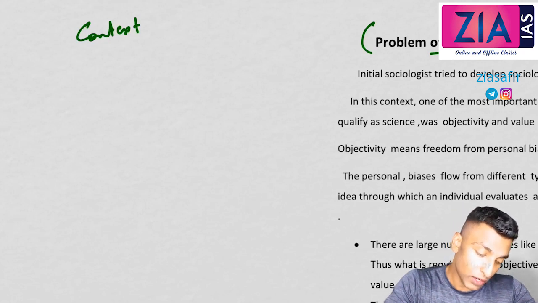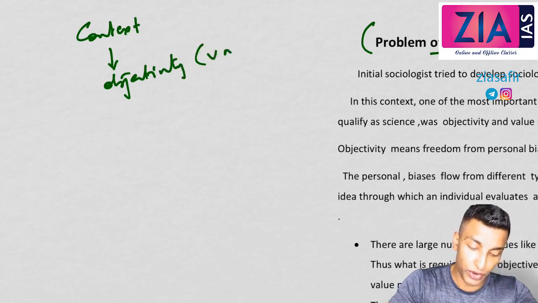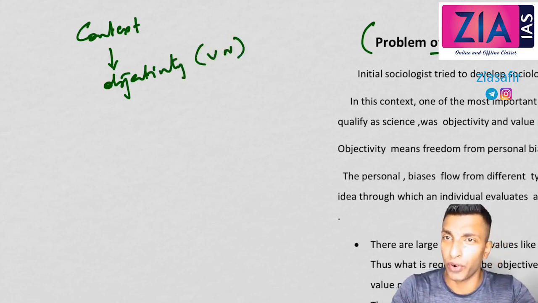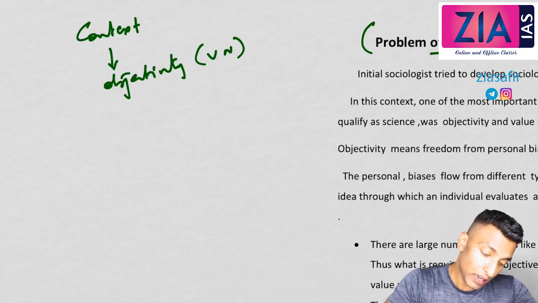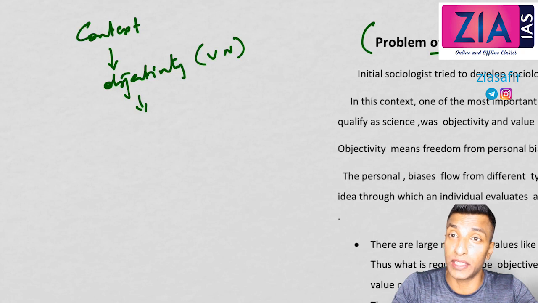After discussing the context, I will teach you what you mean by objectivity. We will discuss what is objectivity, and I'll also tell you what is value neutrality, so that confusion can be avoided. After that, we will discuss what problems sociology faces in achieving objectivity, or how value biases come into the investigation of a sociologist.